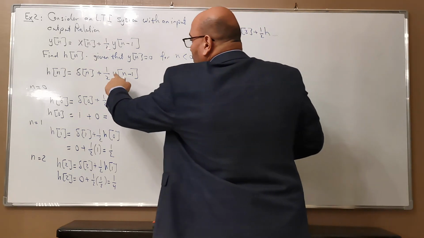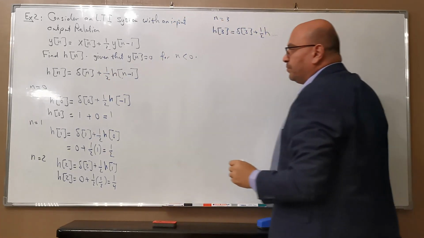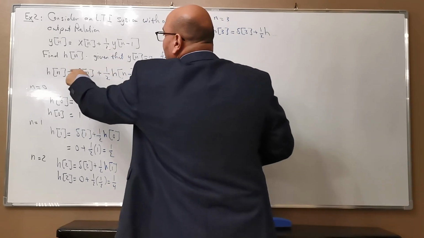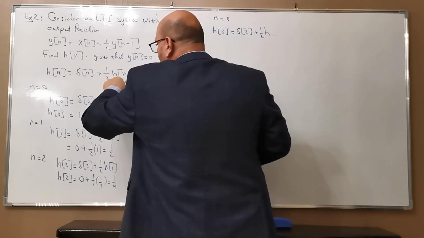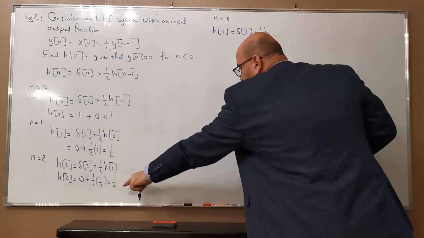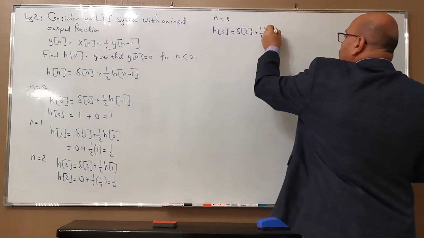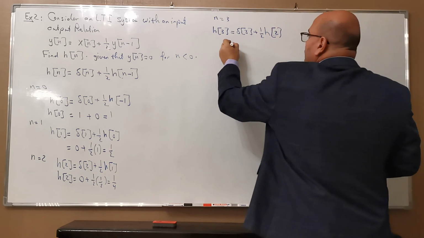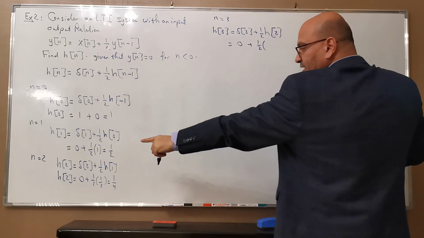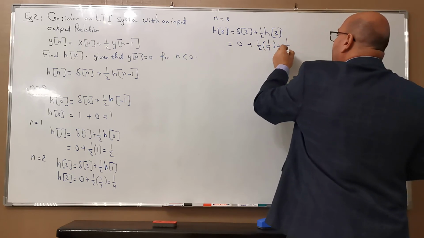So y is h actually. So h of n equals delta of n plus 1/2 y of n minus 1, but because we are applying a delta, this one is also h of n minus 1. So let's please fix it up here. And this one here will be delta of 3 plus 1/2 h of 2. So this is equal to 0 plus 1/2 times h of 2, which is 1/4, and this is equal to 1/8.